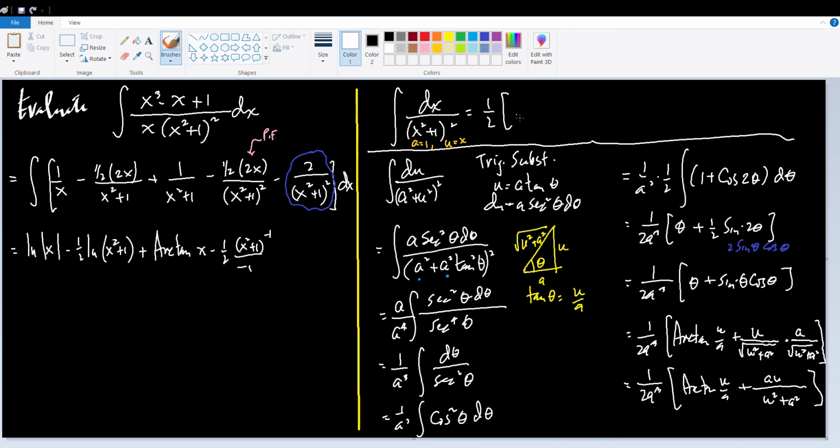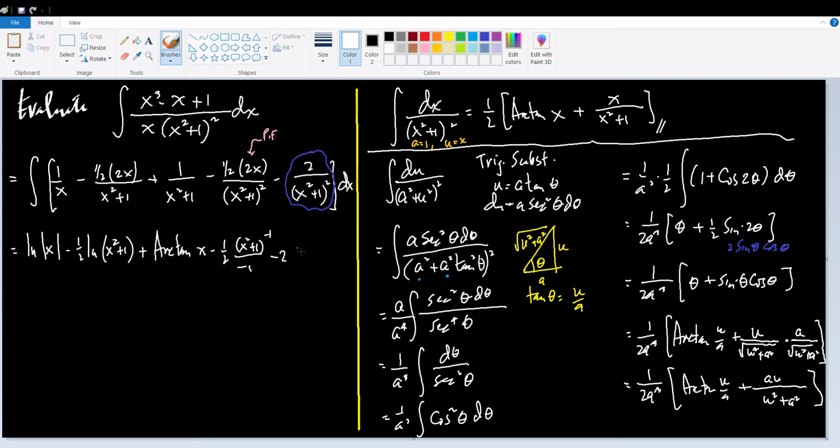Then arctangent of u, which is x, all over 1, so it's just arctangent x plus a u, so 1 times x is x, all over u squared plus a squared, which is x squared plus 1. So we plug in this value to the integral of 2 all over x squared plus 1 squared dx. So it will be negative 2.